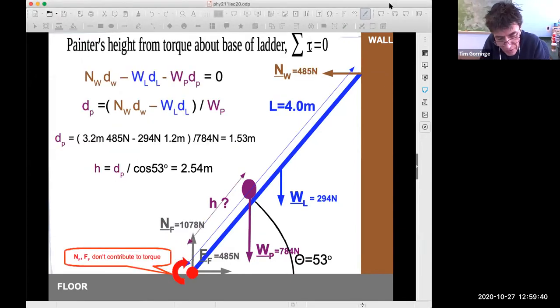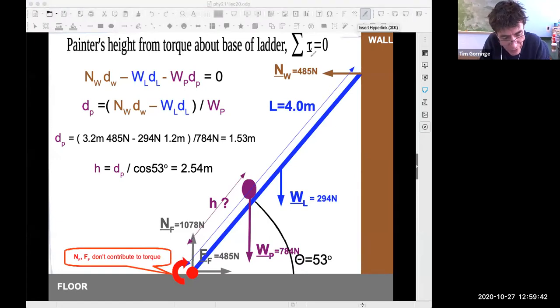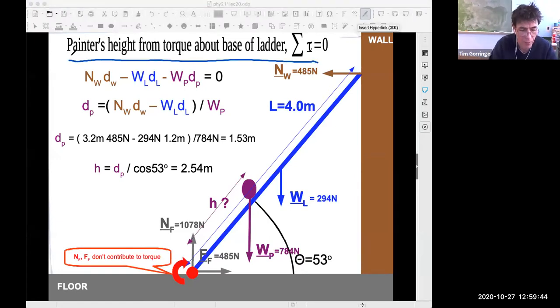So on this slide, I want to calculate the painter's height up the ladder. That is the maximum safe height, the highest he can climb before the ladder will tip. And when the ladder tips, there's no longer zero torque on the ladder. There's a non-zero torque on the ladder.